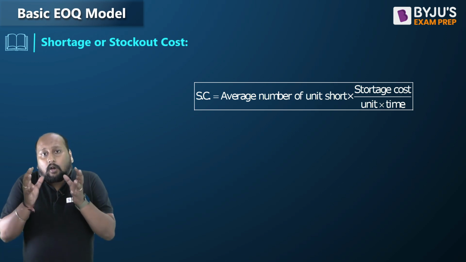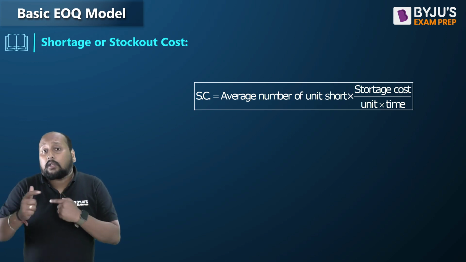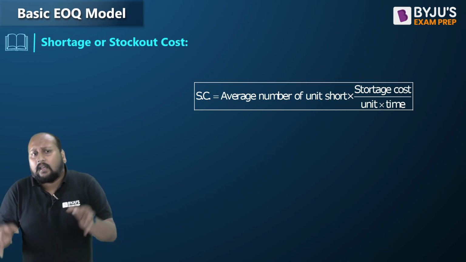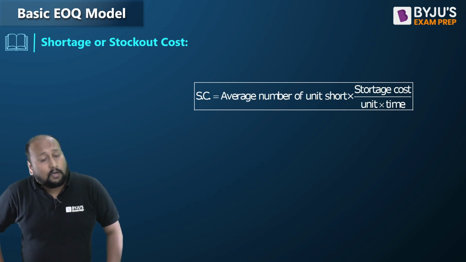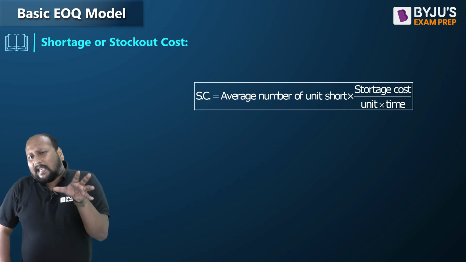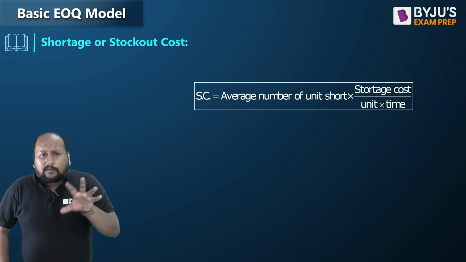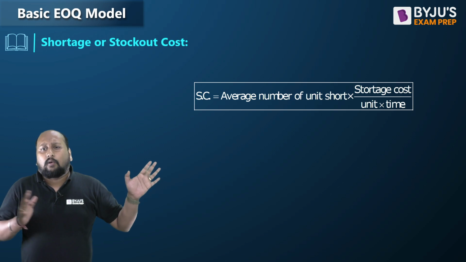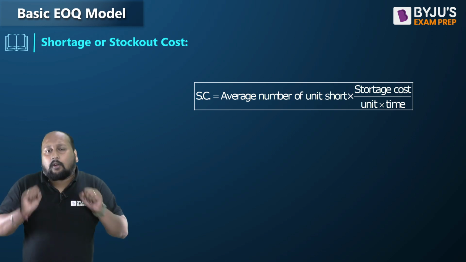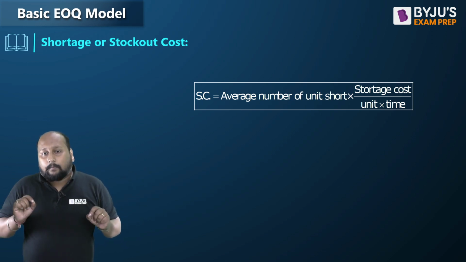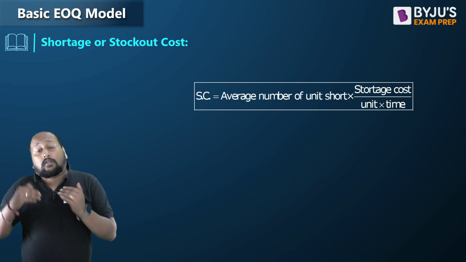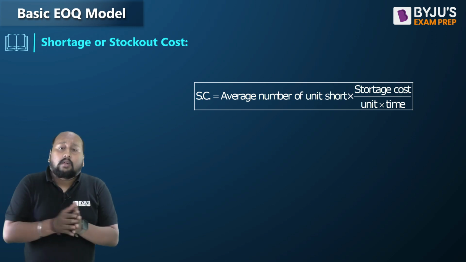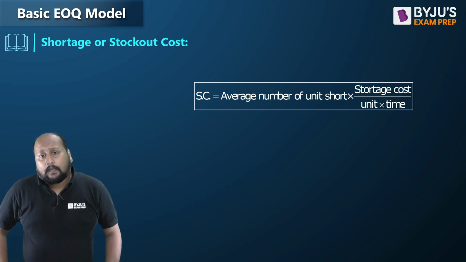So the cost associated with the non-availability of the raw materials or of the inventory, we call it the shortage or stock out cost. And if you see clearly, the formulation of shortage and holding cost is quite similar. Only difference is there we are talking about the holding cost per unit per time, here we are talking about average cost per unit per time. So shortage cost or stock out cost is nothing but the average number of units short into the shortage cost per unit time, right?